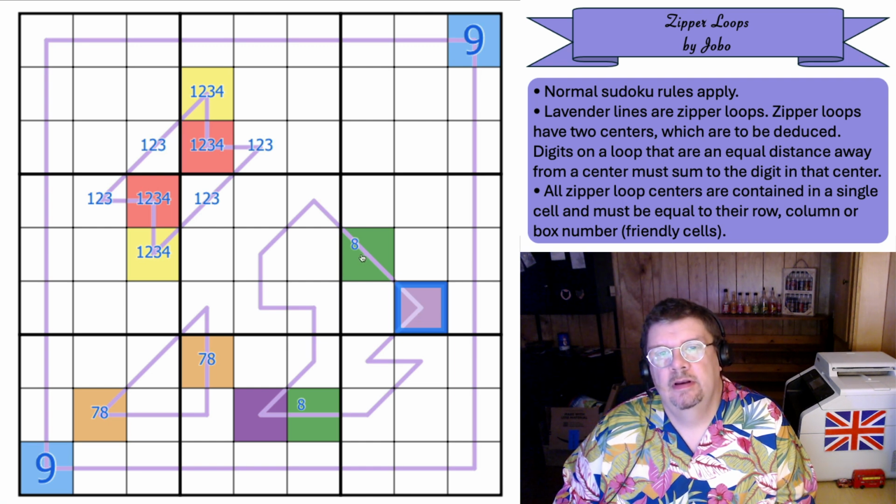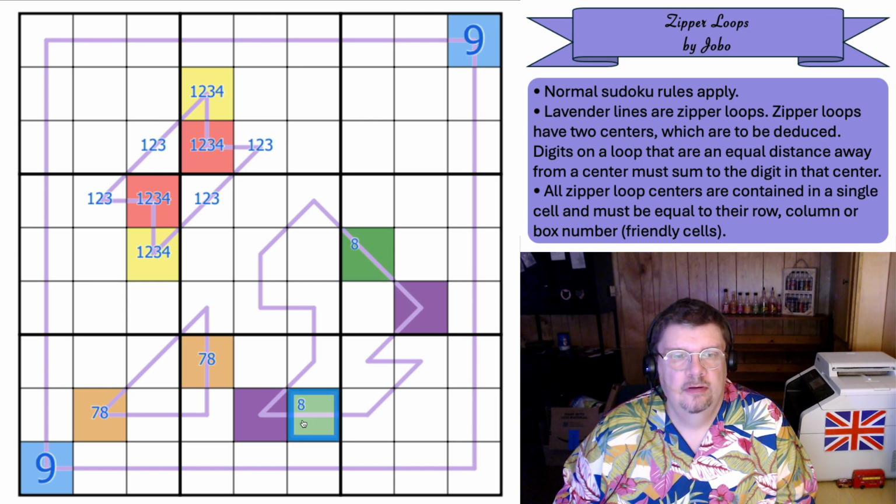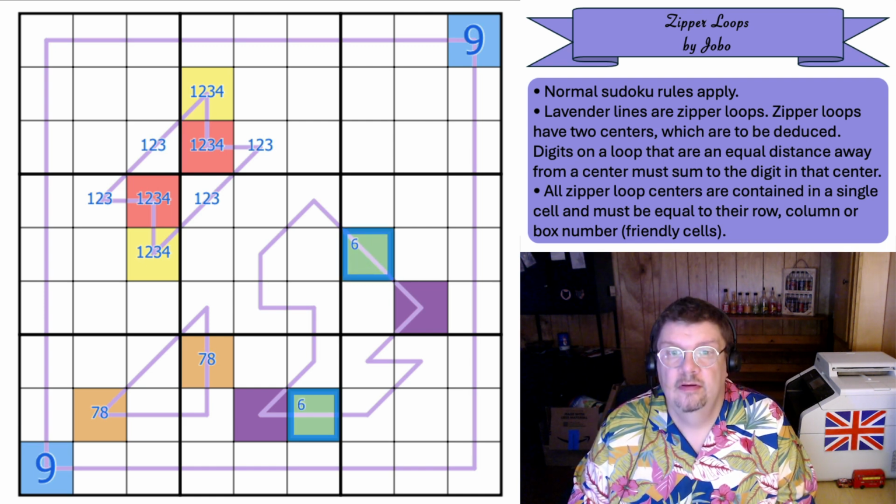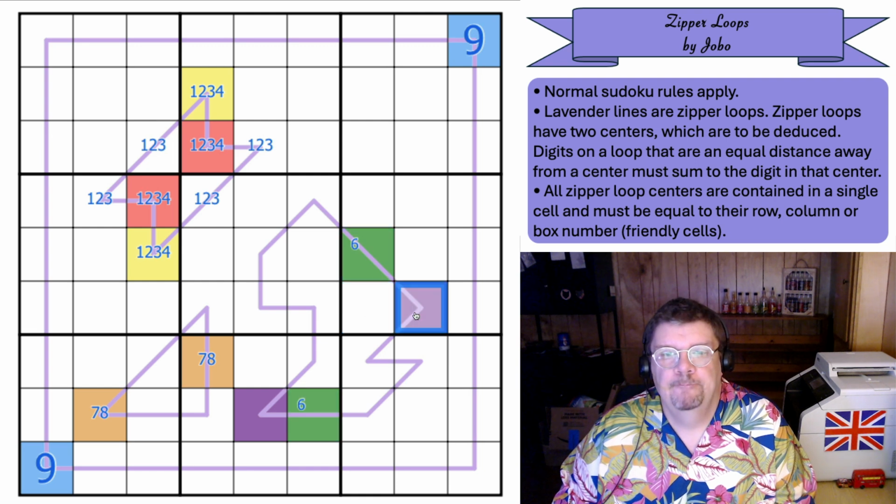Wait, why have I got an 8 there? Hang on, let's have a look at green again. That is 5, 6, 7. This is 6, 8, 8. They are 6s if. Okay. So this is 6, 6, or 8.